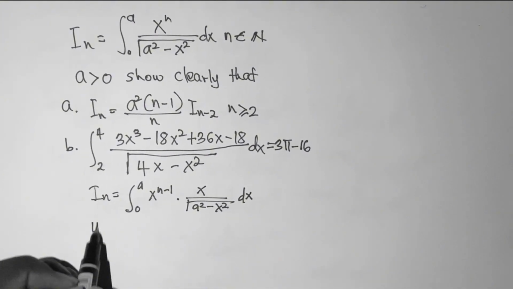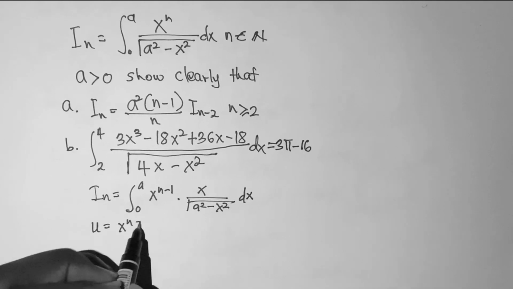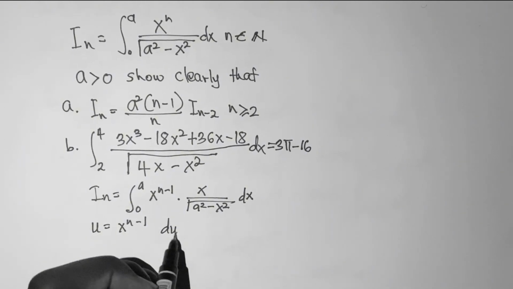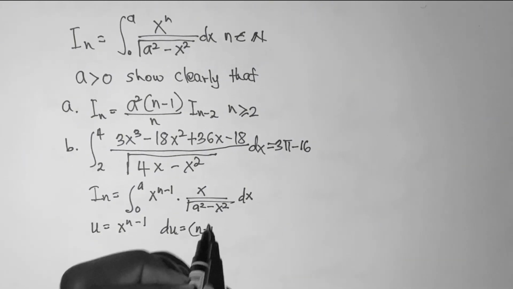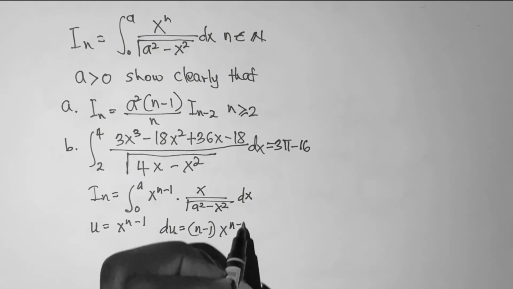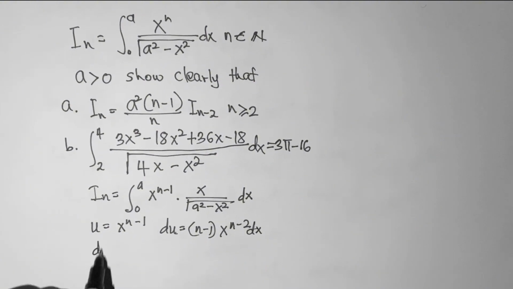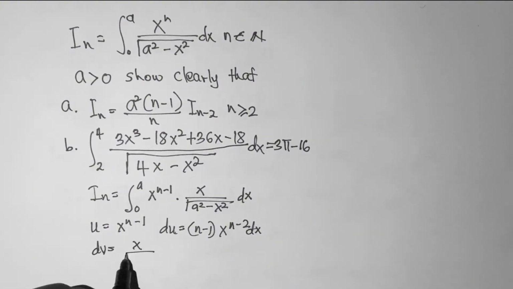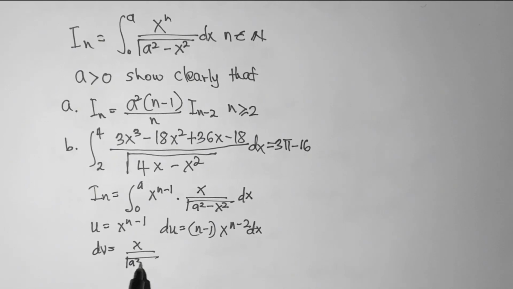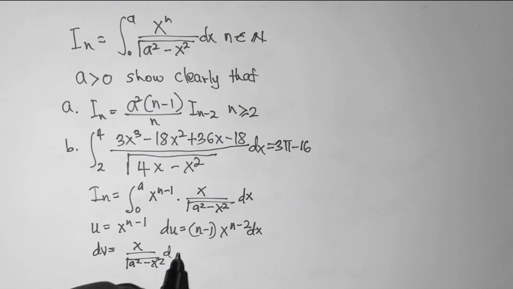So let's let u be equal to x exponent n minus 1. So du is equal to n minus 1 times x exponent n minus 2 dx. Then let's let dv be equal to x divided by square root of a squared minus x squared dx.